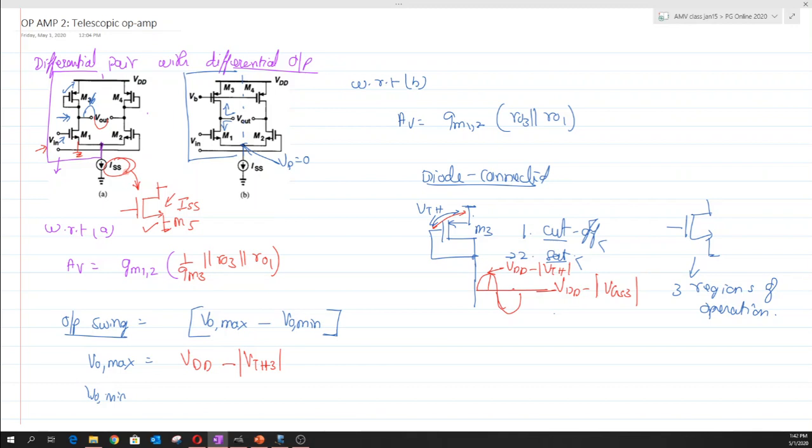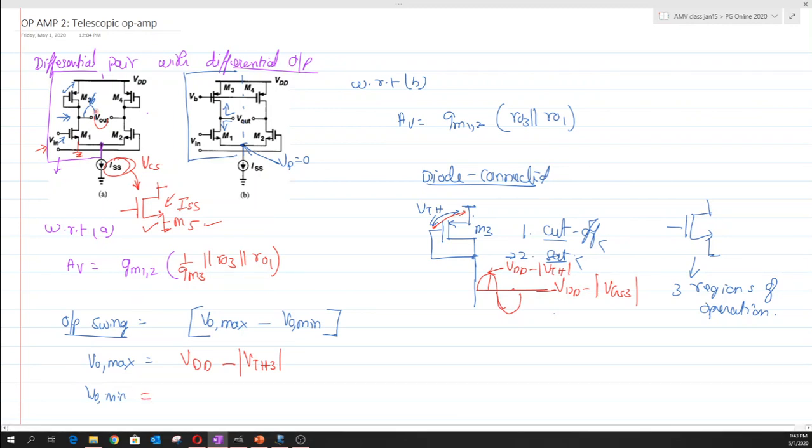Let me label that. I am not specifically saying that ISS is realized just by M5; it can be realized by any other means. But in short, this ISS requires some minimum drop across it, and I label that minimum drop as VCS. Hope you are clear with this.